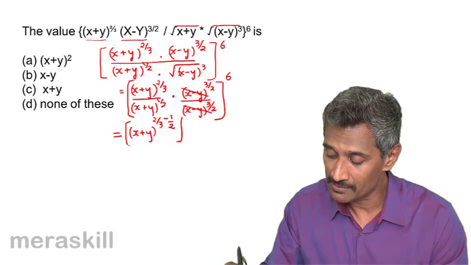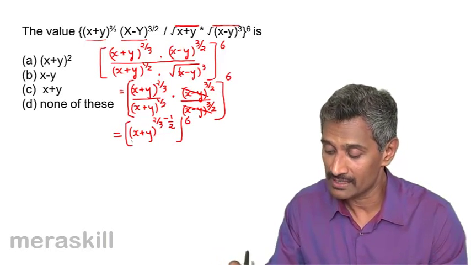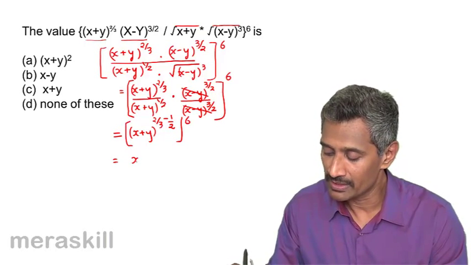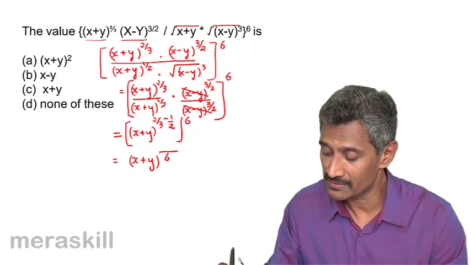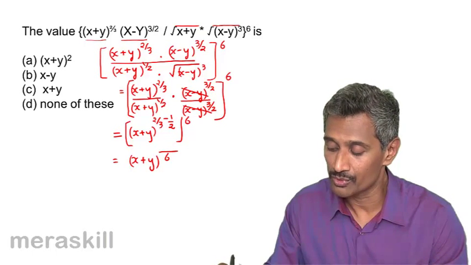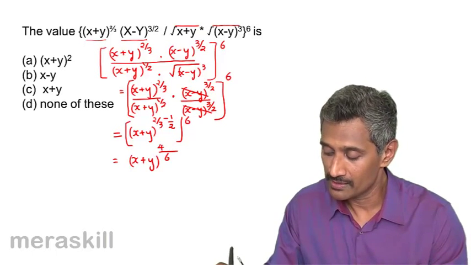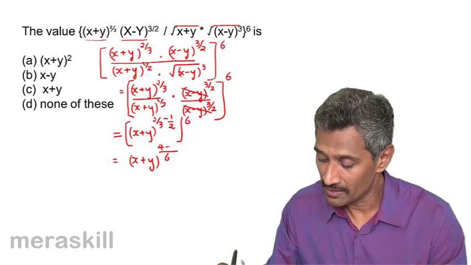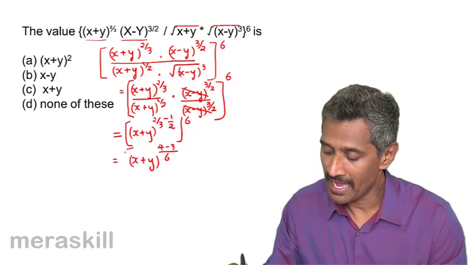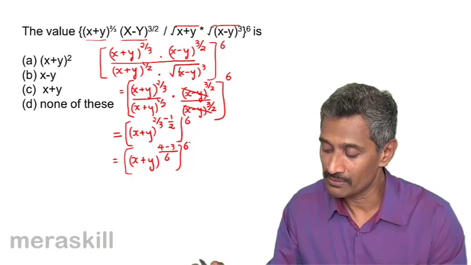And this thing has been raised to, we should not forget that the 6 has been carried forward. So it's x plus y, and here you have the LCM 6. 6 by 3 is 2, 2 into 2, 4, 6 by 2 is 3, 3 into 1, 3, and this whole thing raised to 1 by 6.